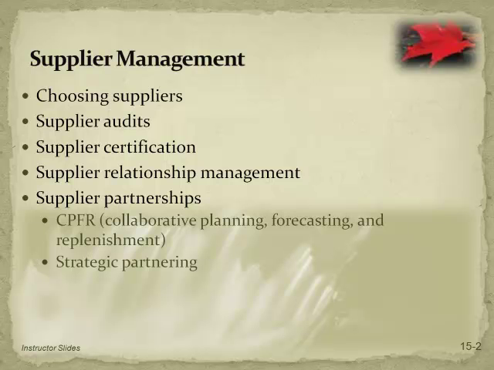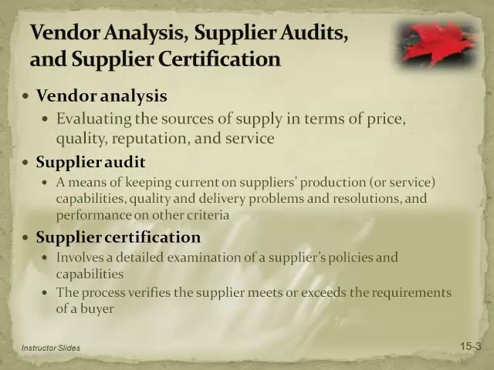So there's a lot of activities involved in the management of your suppliers or your vendors. They're shown here, and we'll go through these individually. So vendor analysis and supplier audits and supplier certifications.